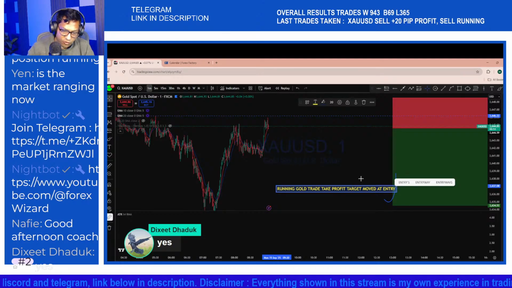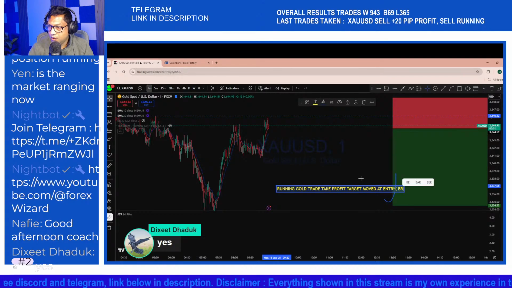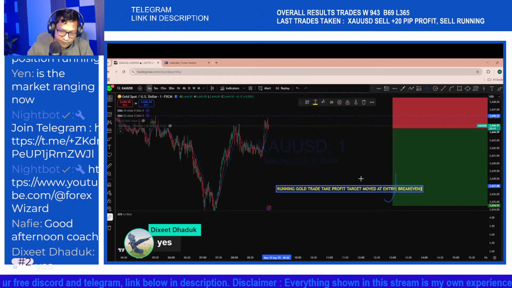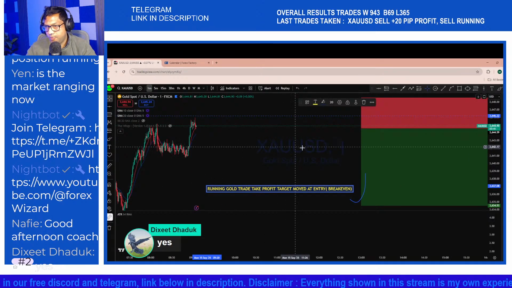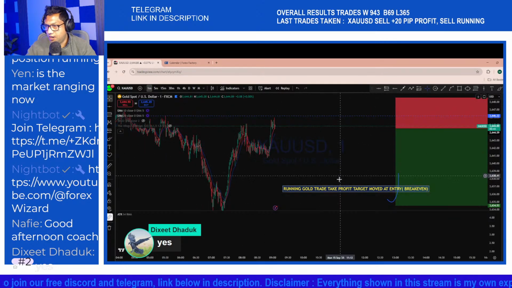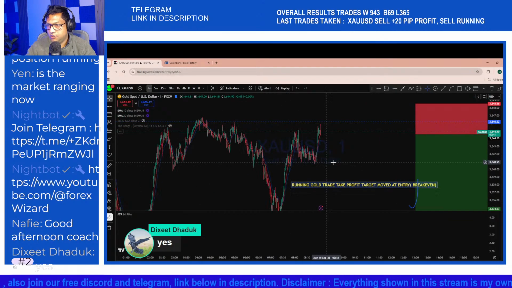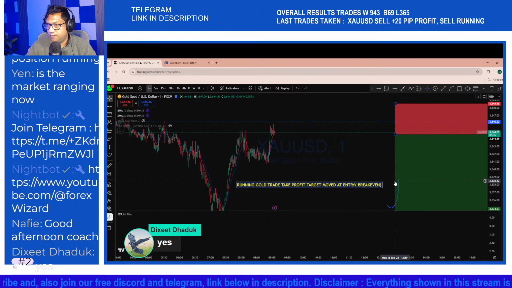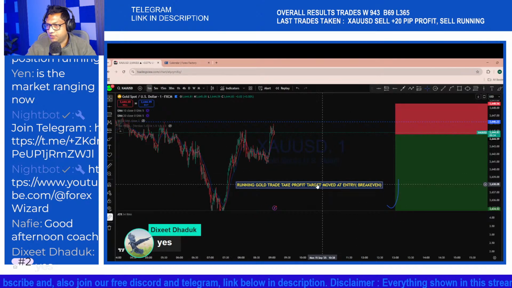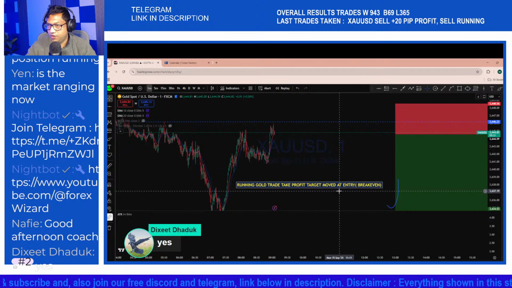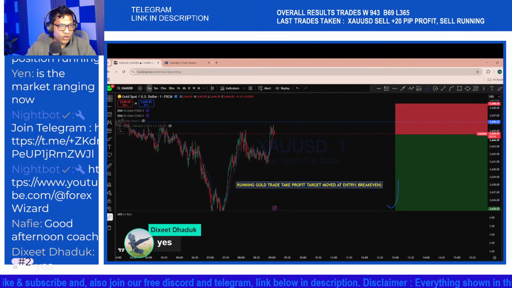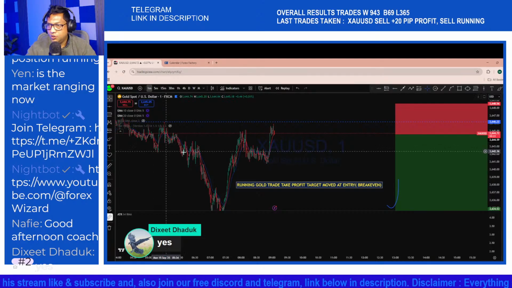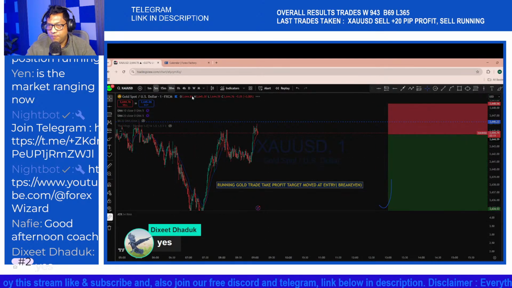Therefore it's break even if the market comes back below here, which is highly likely because this is currently overextended in one direction. So I move the take profit target to entry for the current running trade, and we'll let the market decide and come back below to hit that entry.